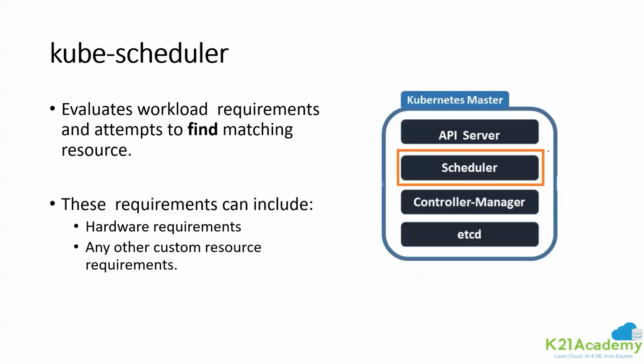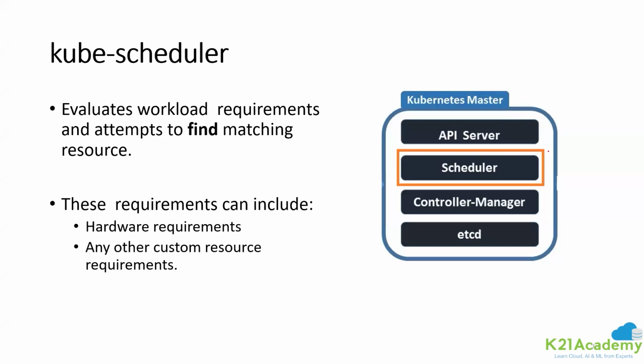Okay, so the second component is the kube scheduler. Because Kubernetes is in the form of a cluster, how will you know where to schedule your application? Maybe you have a 100 node cluster, you may have a 1000 node cluster. Maybe you know the requirement for your application: where you can run it, on which server you can run it without any interruption. Just add what things are required for your application, what resources, based upon RAM, based upon CPU, based upon port availability.